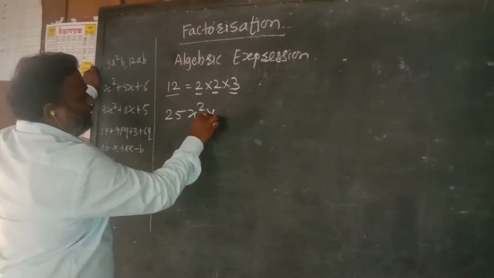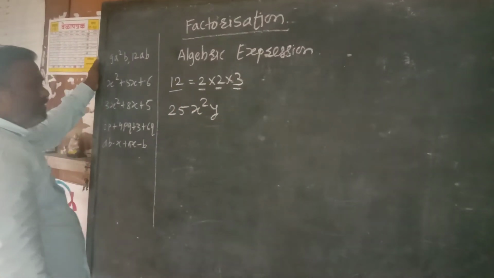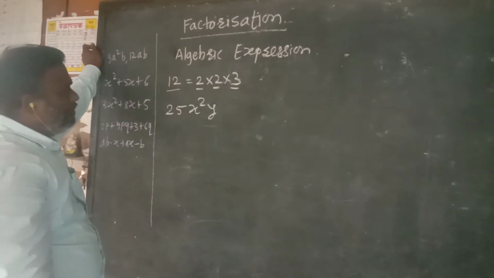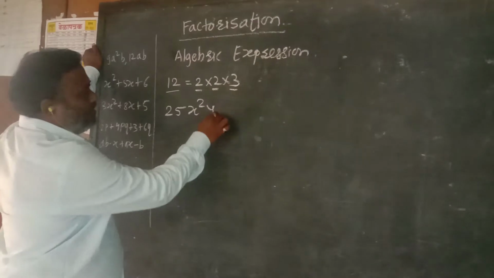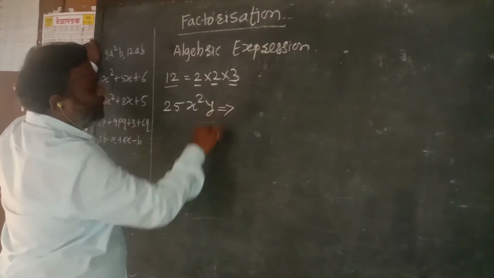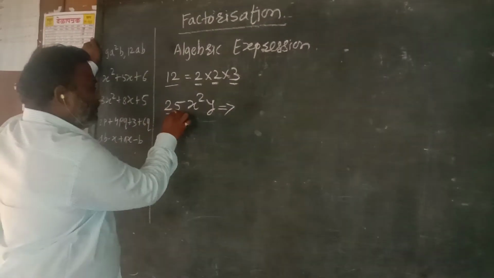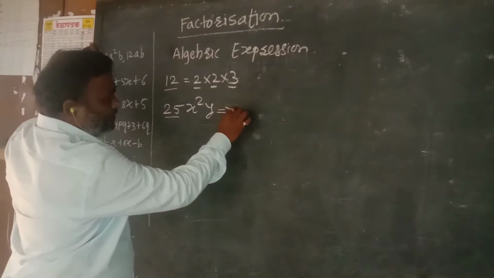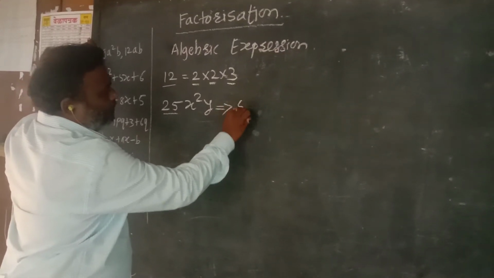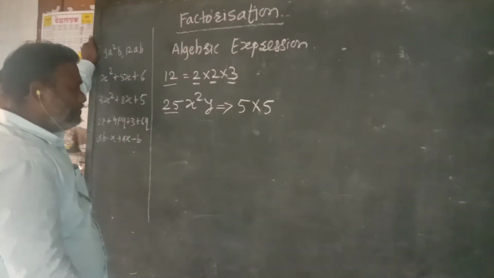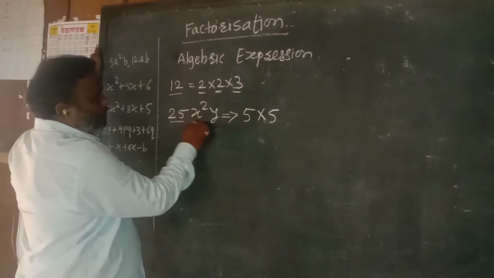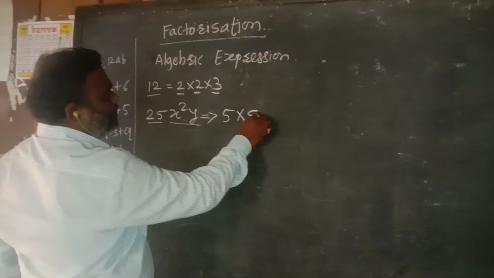25x square y, as it has only one term, that is a single term, hence we can say it is a monomial. For factorizing a monomial, first we have to factorize the number 25. The prime factors of 25 are 5 into 5. And then we have to find the factors of x square y.